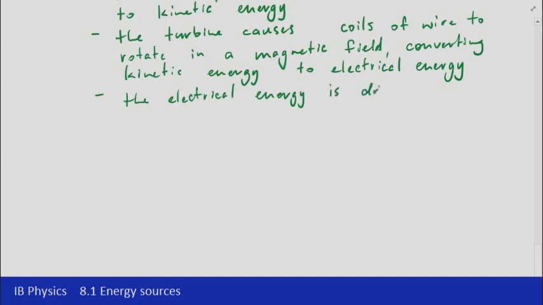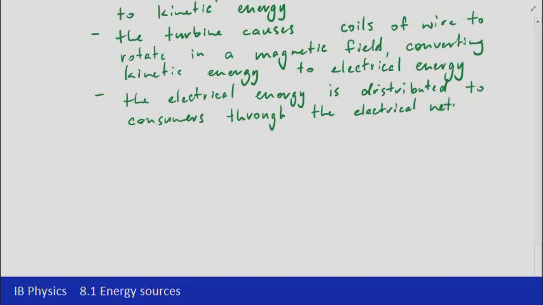So that's all of the high voltage power lines through to the power lines along the street that you live on, and then through transformers along the way as well, and ultimately to your toaster or your TV or your computer, whatever it might be, where that electrical energy is going to be used. So through the electrical network or grid, we get that being distributed to users.